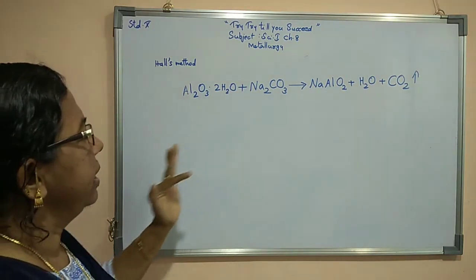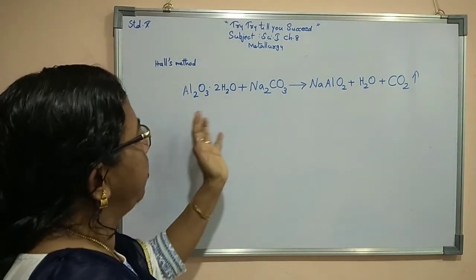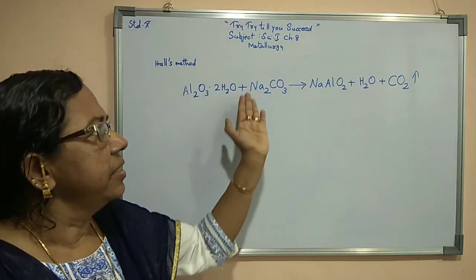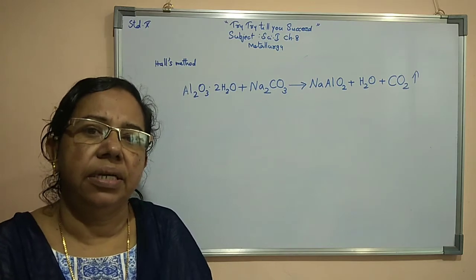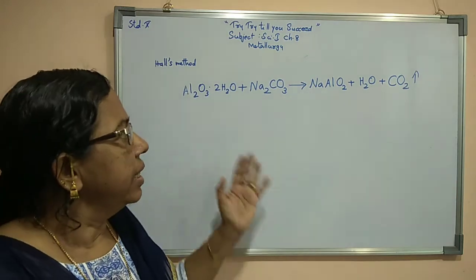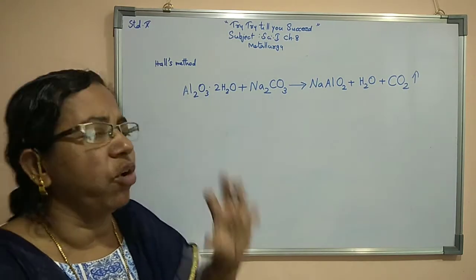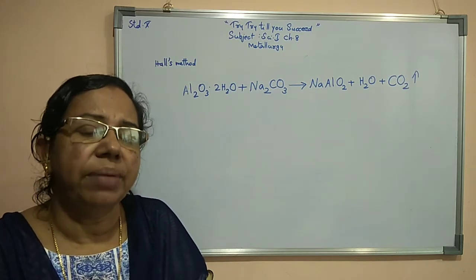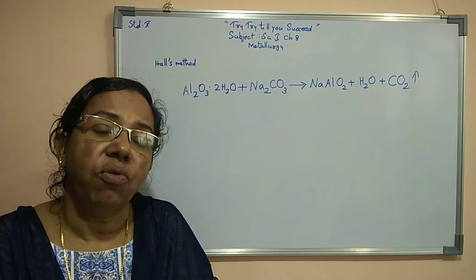So here now what is there in the container, when we people are taking the bauxite ore and sodium carbonate, here we can say that the reaction of sodium aluminate formation will take place. Remaining things, sodium aluminate will be in which condition? Water soluble condition.